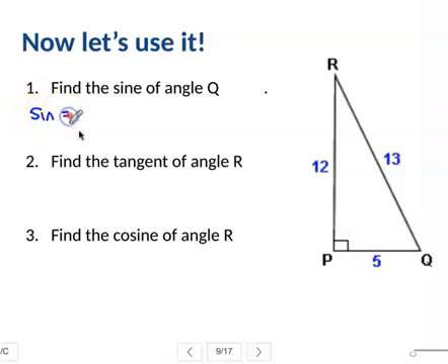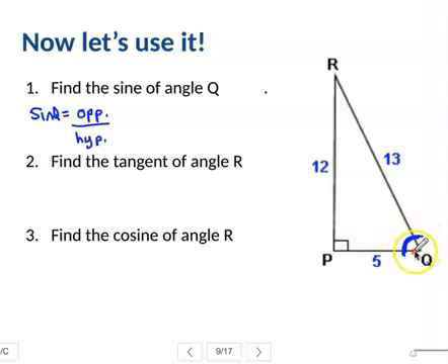So remember, what is sine? It's going to be the opposite side over the hypotenuse. We want to find the sine of angle Q. I'm going to put a little arc here to let us know that this is our reference angle.